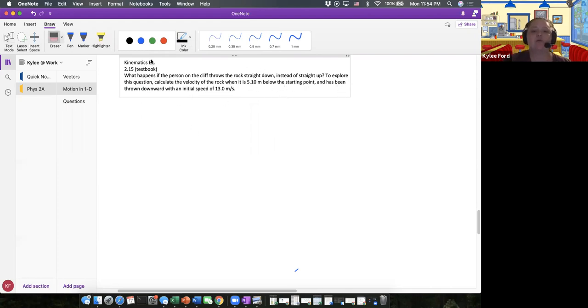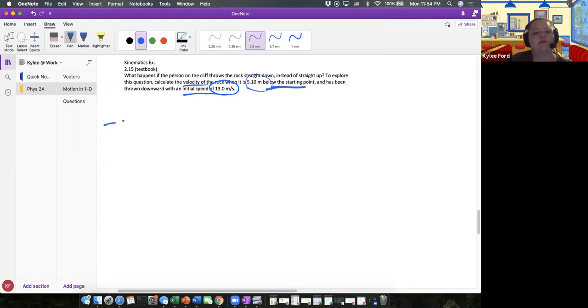We want to calculate the velocity of the rock when it's 5.1 meters below the starting point, and it has been thrown downward at an initial speed of 13.0.